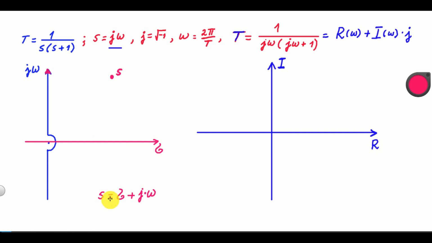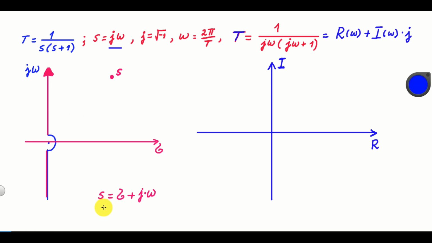Now, by setting S to be j omega, we restrict S to take values on the imaginary axis in this original plane. That is, we are constraining S to be on this imaginary axis. And this is a very important thing to understand when plotting Nyquist plots. S is constrained, and j omega makes sure that these values are actually on the imaginary axis.